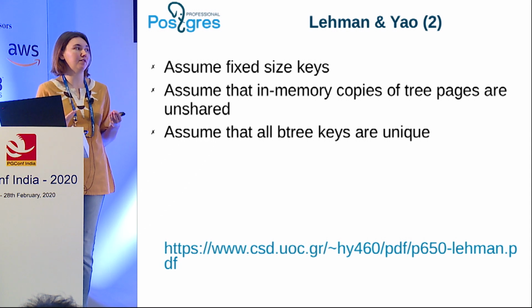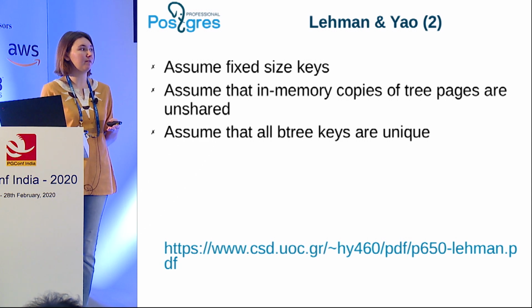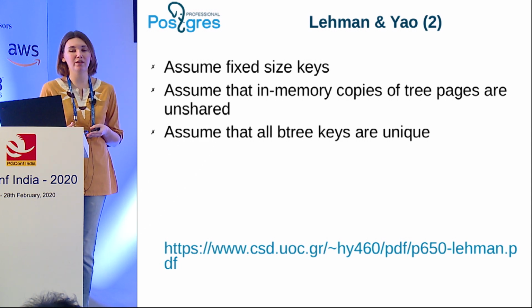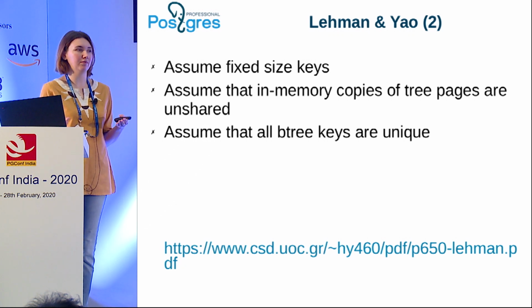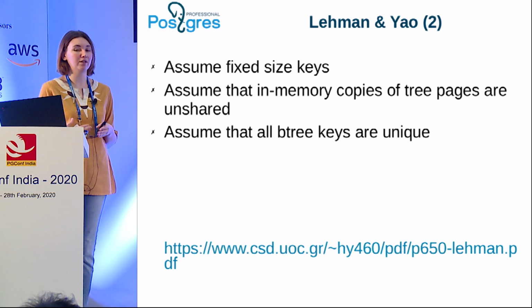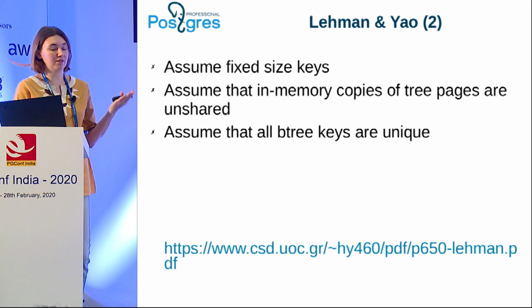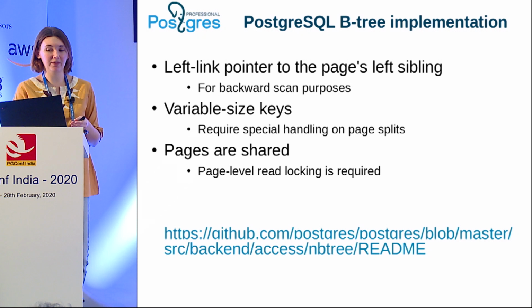Also, it assumes that in-memory copies of pages are unshared, so it doesn't bother with locking and all that stuff. And finally, it assumes that all B-tree keys are unique. So mostly B-trees are used to support constraints, to support unique or primary key constraints. This is fine for theory, but not exactly true in practice.